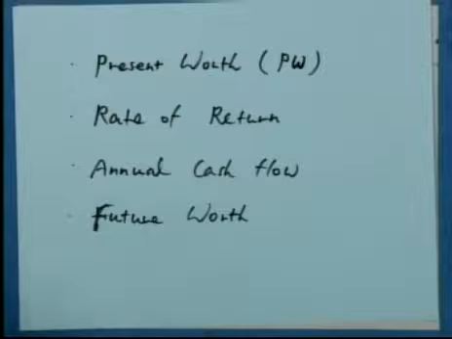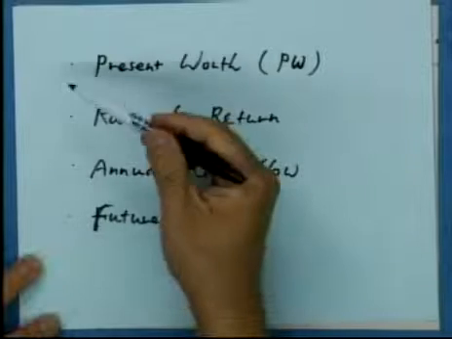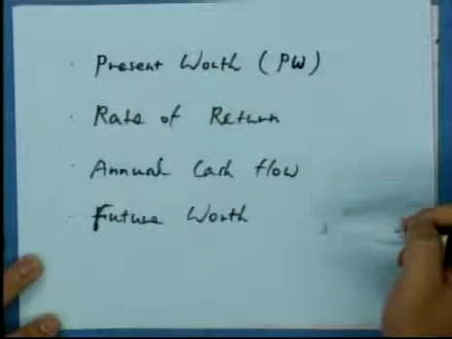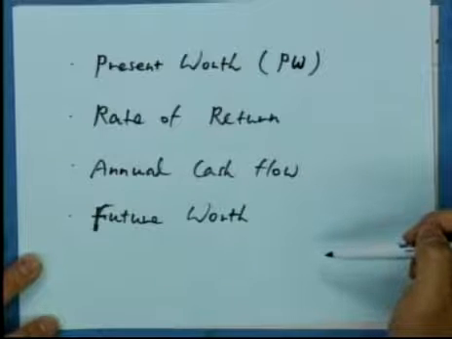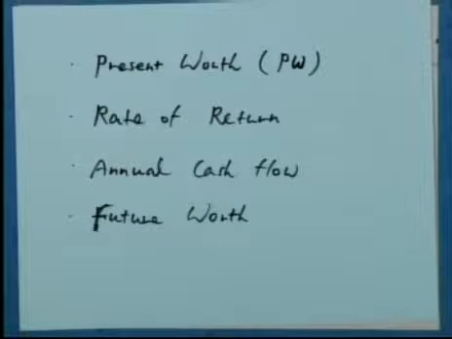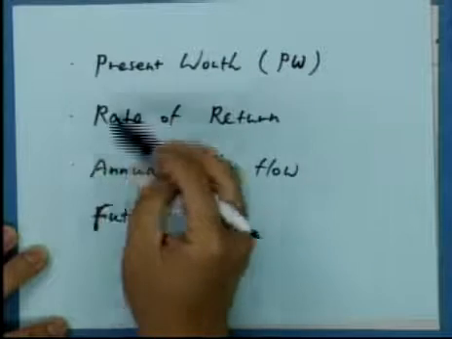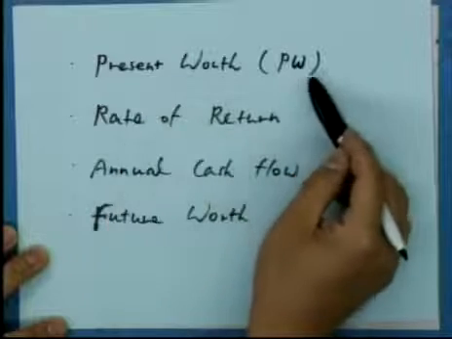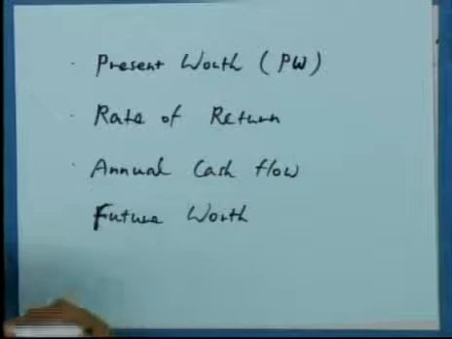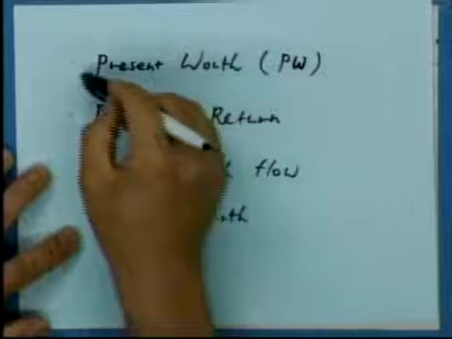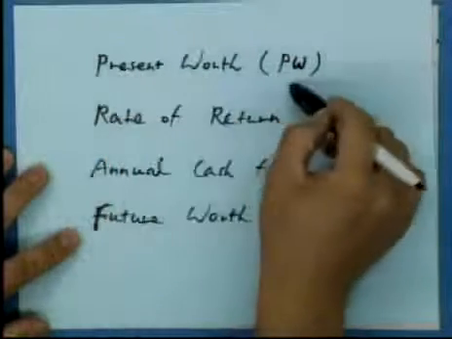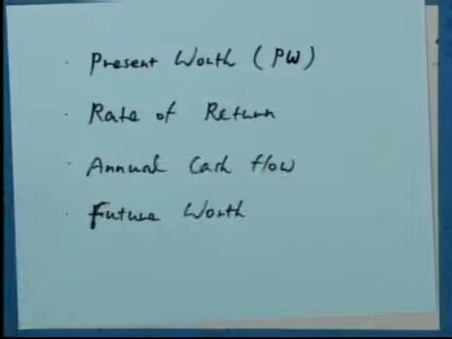And all of these evaluation methods will lead to the same result, of course. However, some economic analysis problems could be more easily solved by one of these techniques. And in chapter 5, most of the problems are focusing on the present worth techniques.